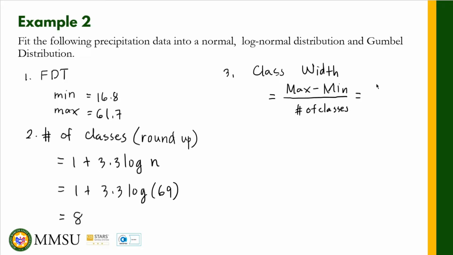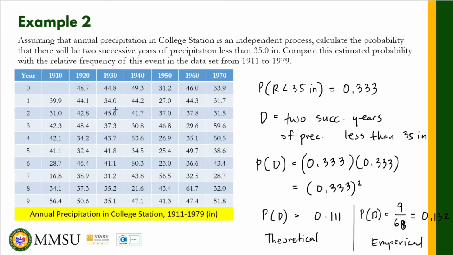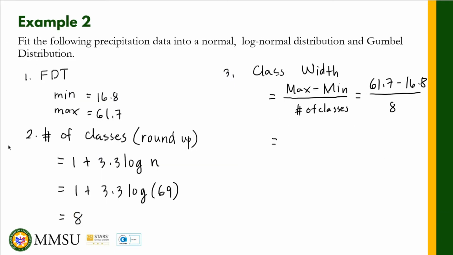So this one basically is 61.7 minus 16.8 divided by 8. Since our original data is rounded off to 1 decimal place, di ba? 1 decimal place lang yung data natin. So the class width should be rounded off to 1 decimal place as well.